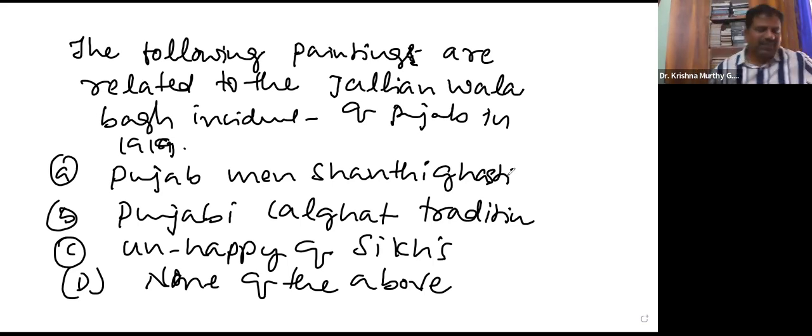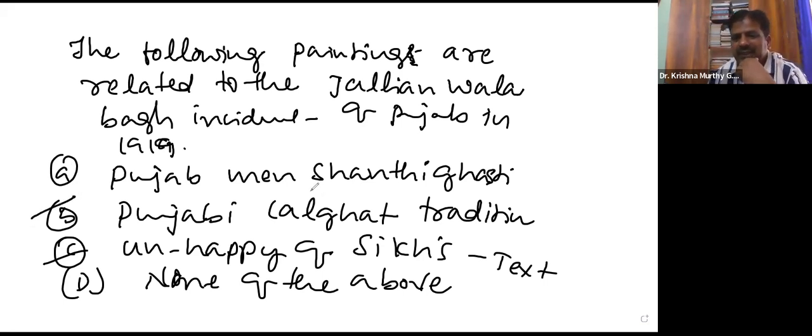Okay, very simple thing. See, Anyapi of Sikhs is the name of a text written by Lala Lajpat Rai. And Punjabi Lalgarh traditions is one of the popular paintings of the summer festival of the Punjab peoples.